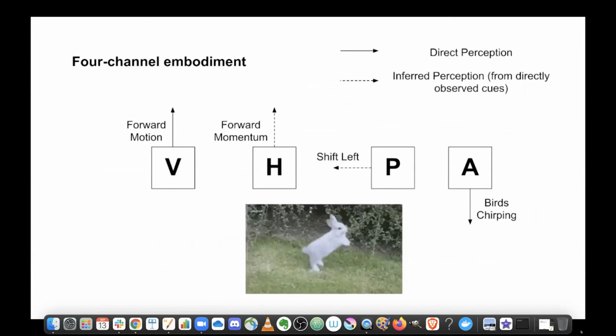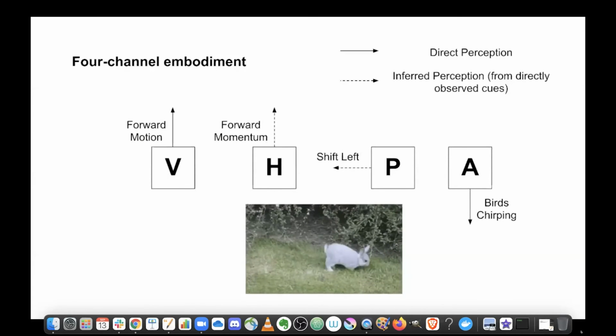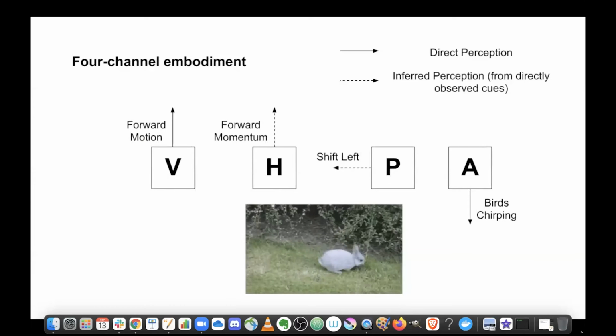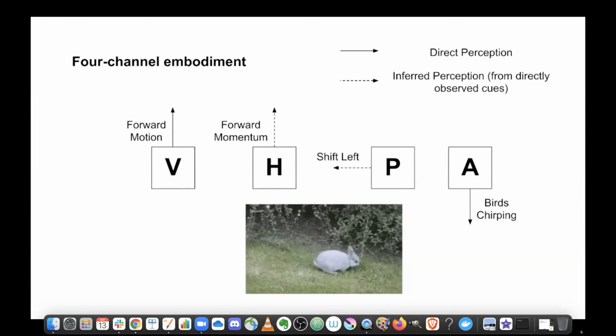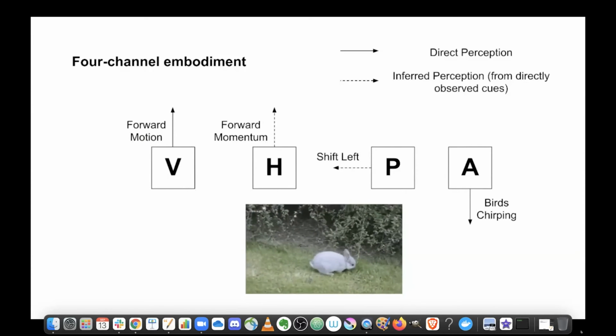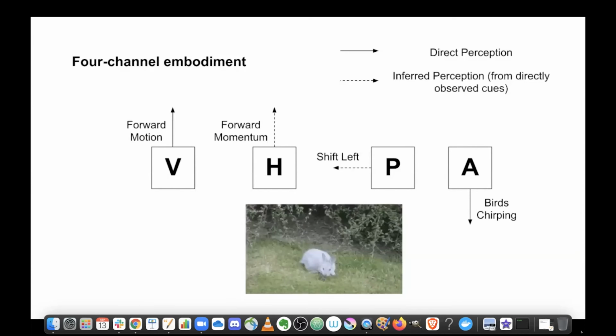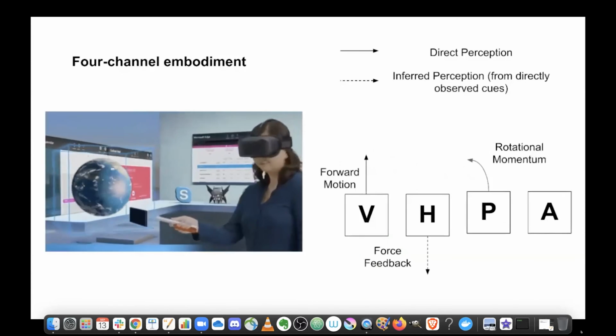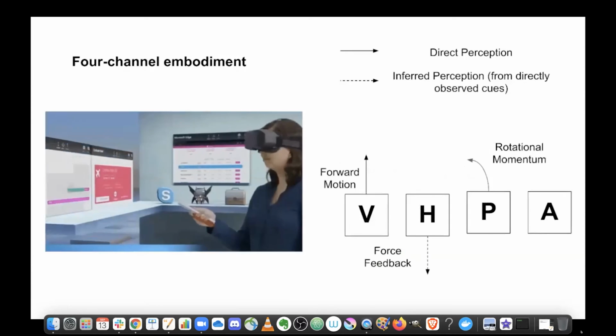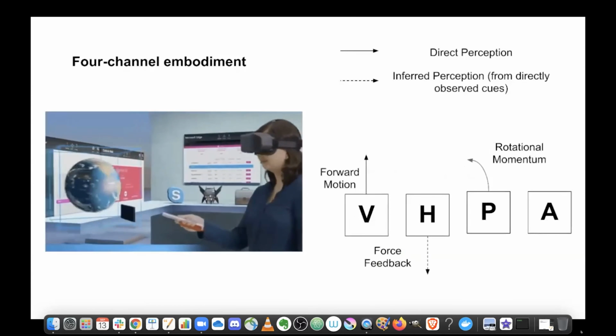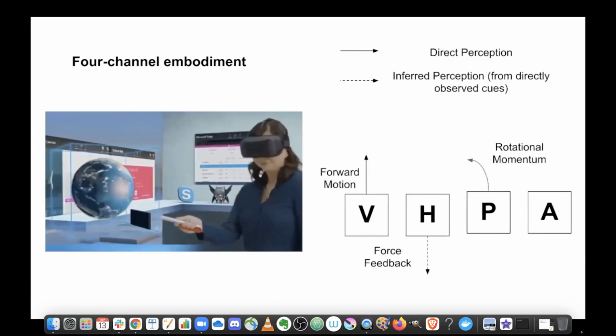Haptic information is being observed indirectly. You could maybe feel it with your eyes. That's not really direct perception, it's indirect perception, but there's still forward momentum. The proprioception part is maybe some sort of shift to the left. And the auditory sensation is birds chirping in the background. This gives it some naturalistic context. And naturalistic context, of course, is important in seeing these scenes and assessing Gibsonian information.